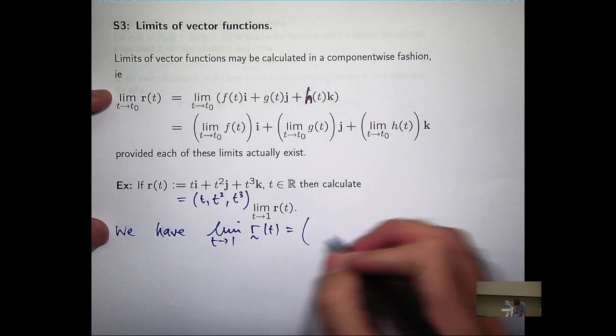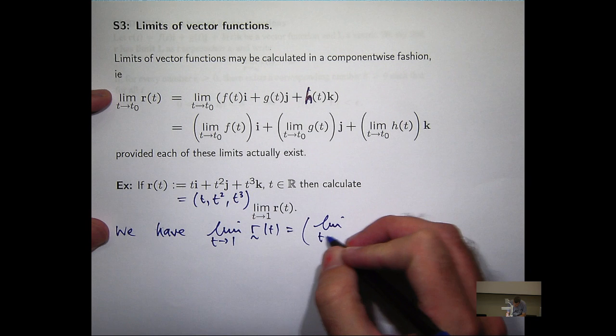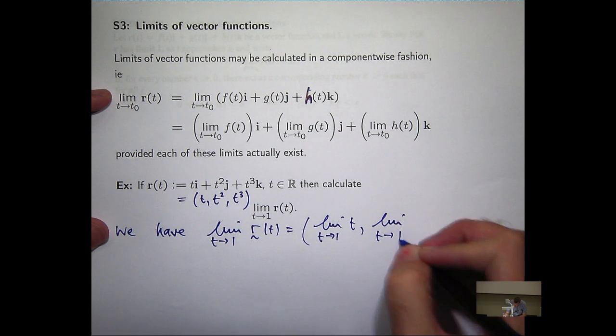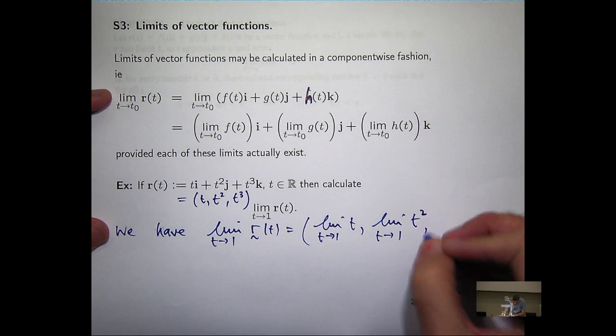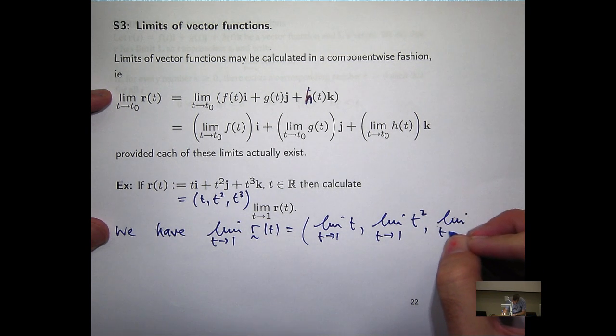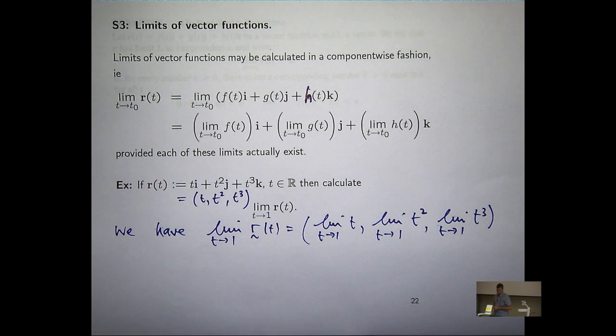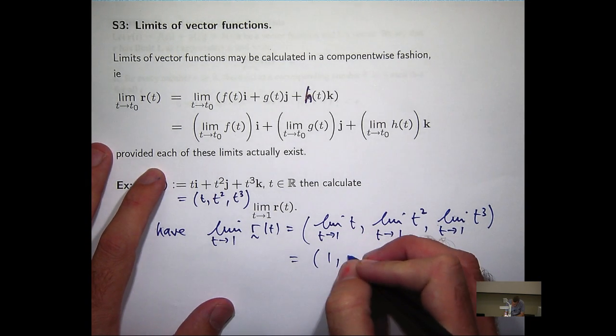So writing it out in the following way, again in the ordered triple notation, it's just a component-wise operation. You can move the limits inside the vector and into each component. So the limit of the first component is going to be 1, the second component is going to be 1, and the third component is going to be 1.